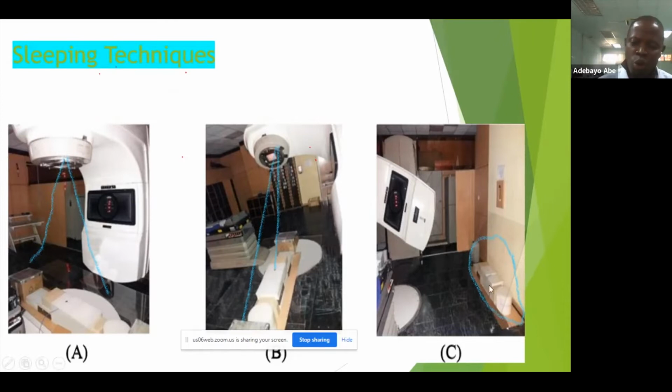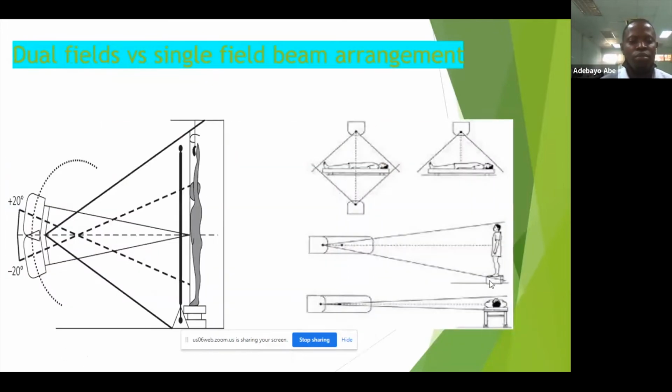This picture shows a phantom of a patient, because you cannot be measuring your dose on the patient. So he tried to figure out the patient position using the head phantom and body phantom here. So this is a sleeping technique mode.